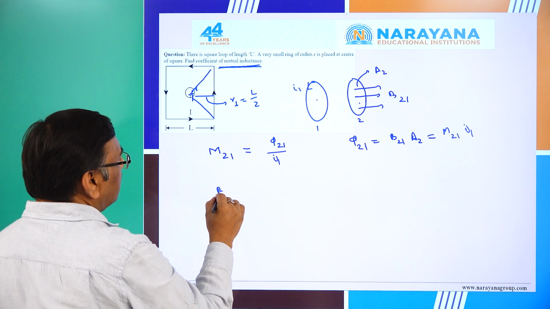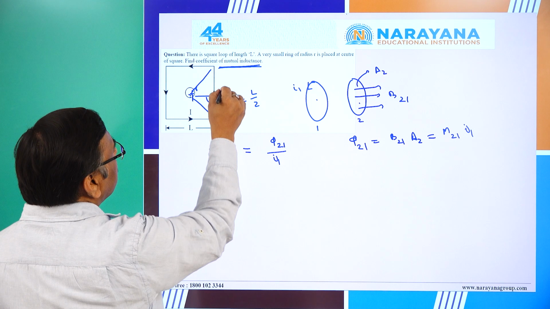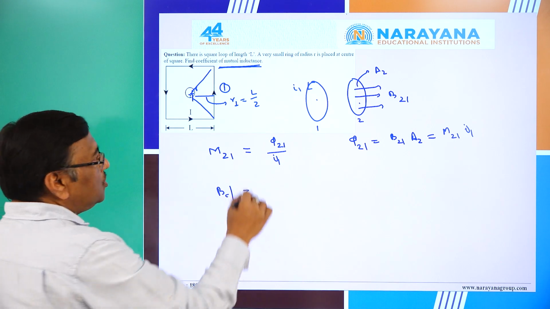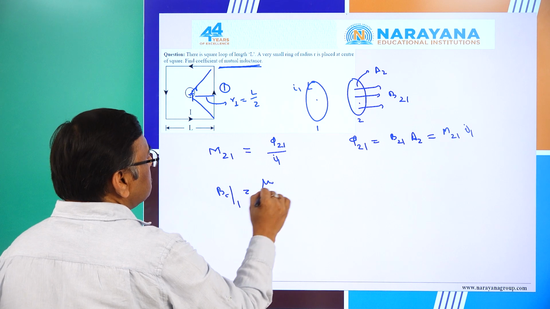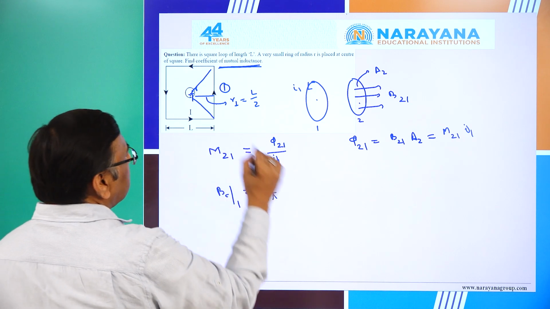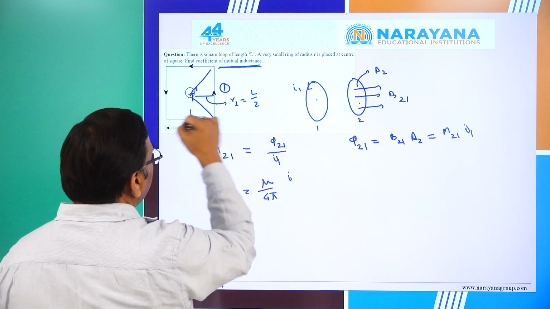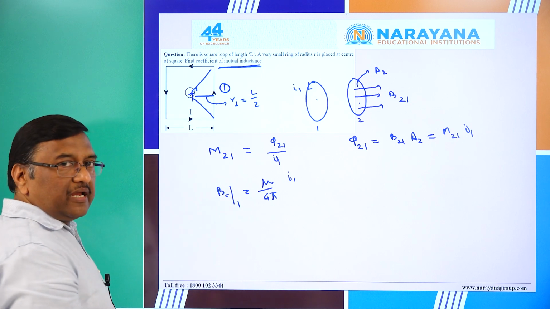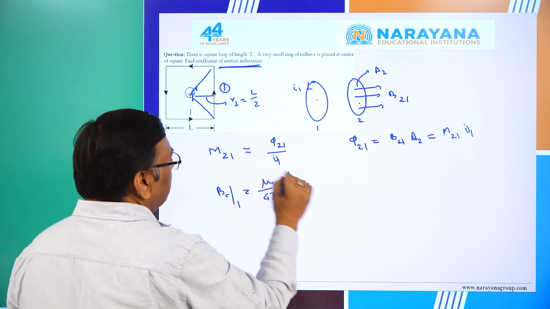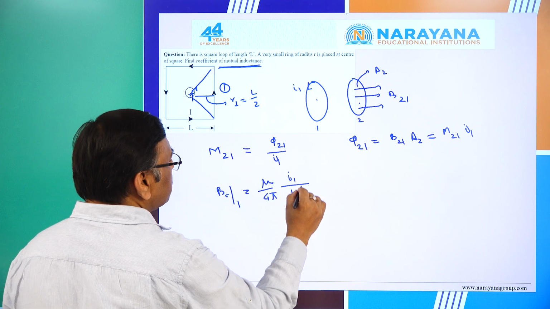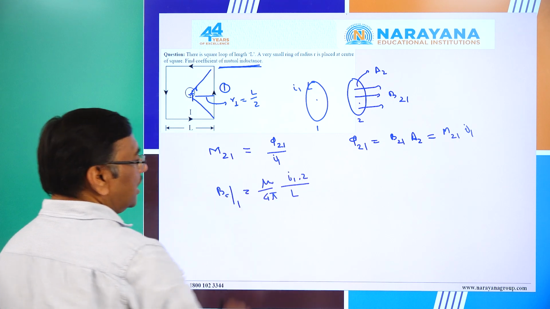So B at the center due to wire number 1 is going to be mu 0 upon 4 pi into I1, the current in this coil, because we are trying to find the mutual inductance of the second coil, divided by the perpendicular distance, which here is L by 2.